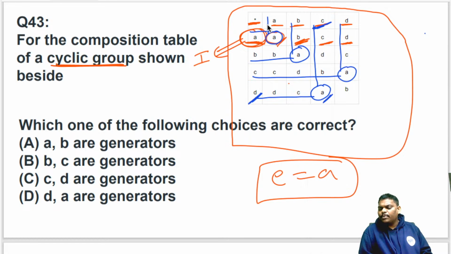The elements you operated with to get the identity are going to be inverses. So B into B is A, the identity element is coming, so B inverse is B. C into D is A, so C inverse is D.